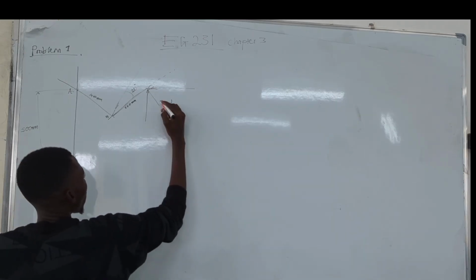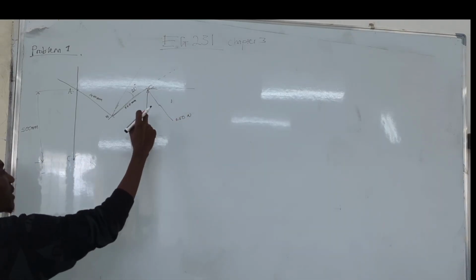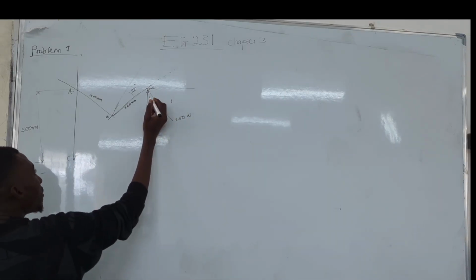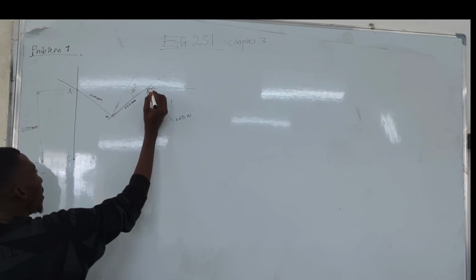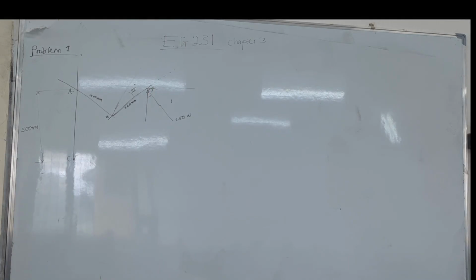So for us to find the components, we must have an angle either here or there. How are we going to find the components of the 250 Newton force? First of all, we are going to find the missing angle.